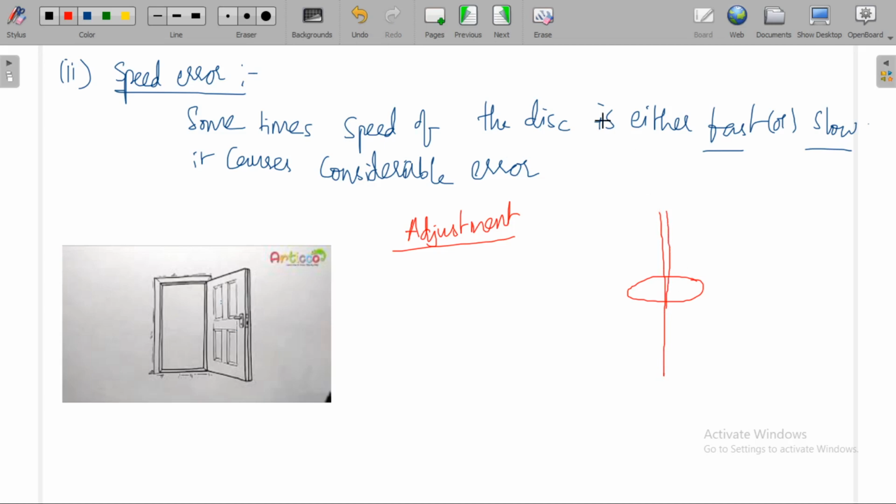This is the spindle. This is the braking magnet. By changing the position of this braking magnet, I can control the speed of the disk.